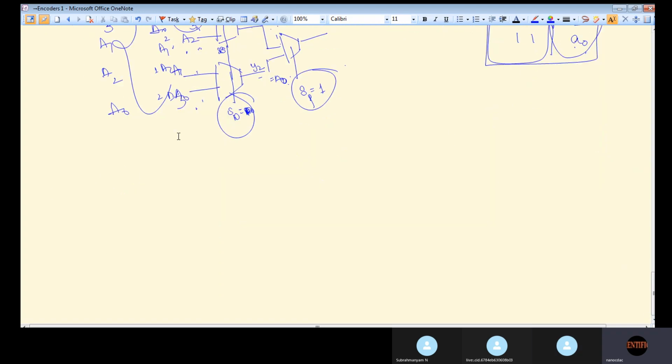Now I will tell you one thing. Same 8x1 MUX using 2x1 MUX. Tell me, how many 2x1 MUXs do I need? How many 2x1 multiplexers do I need? 5? 4? 5?